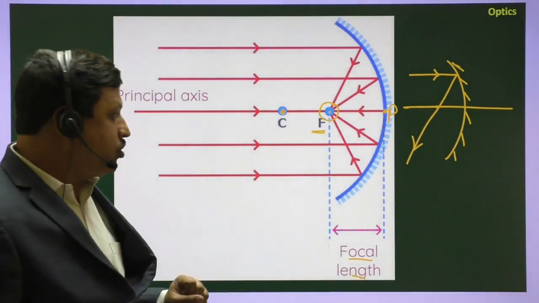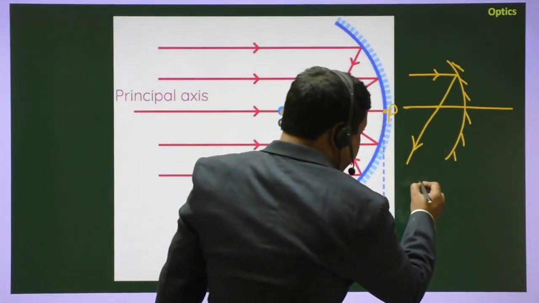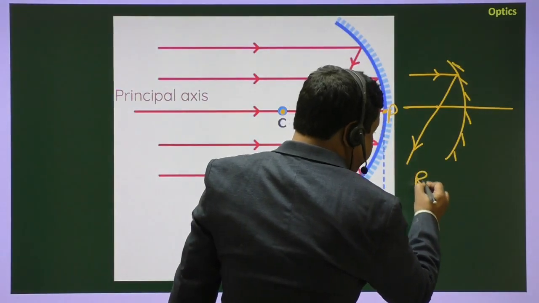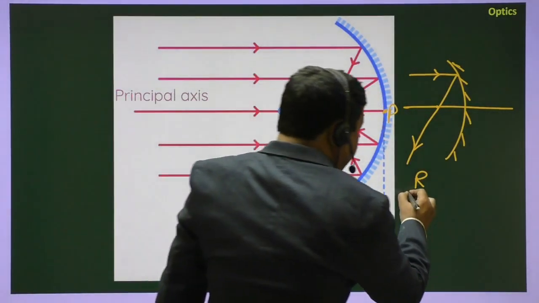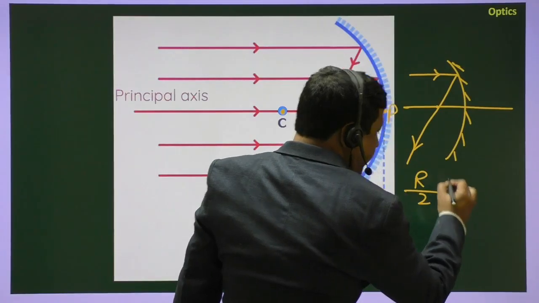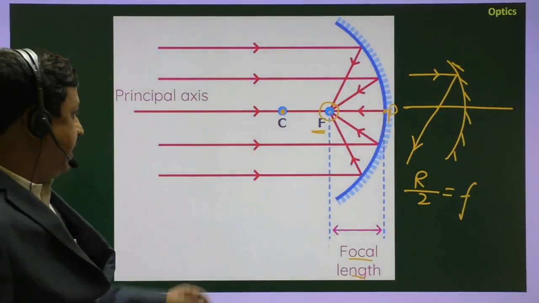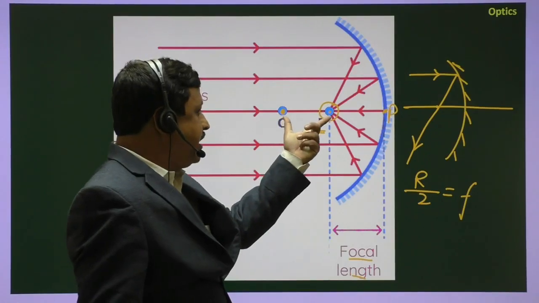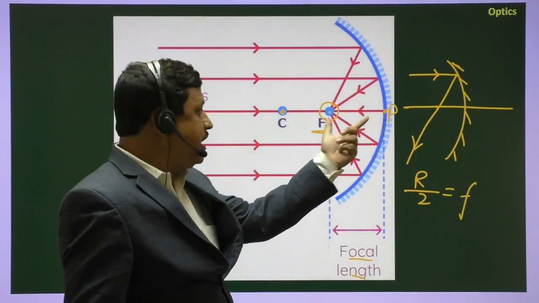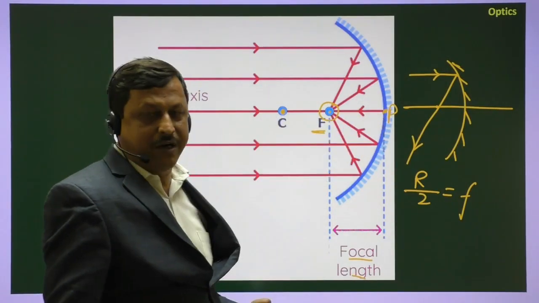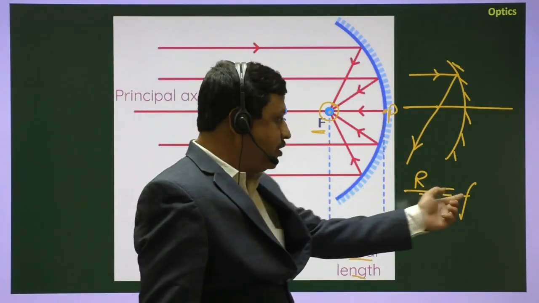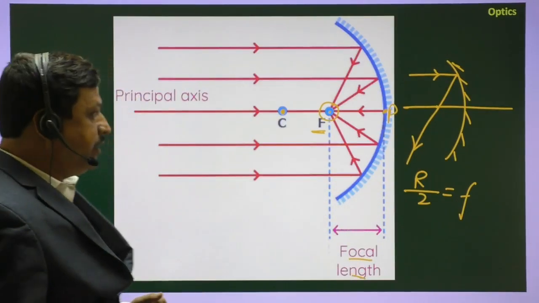That means we can conclude that if the radius of curvature is R, then R by 2, half of the radius of curvature, is equal to the focal length, because here the CF distance is equal to the FP distance. CP is the radius of curvature, so half of the radius of curvature is equal to the focal length.